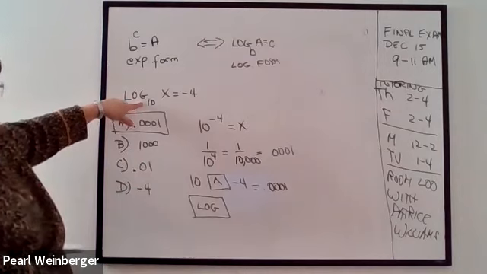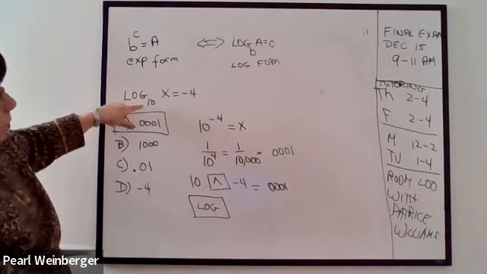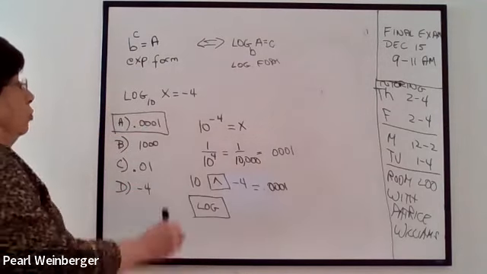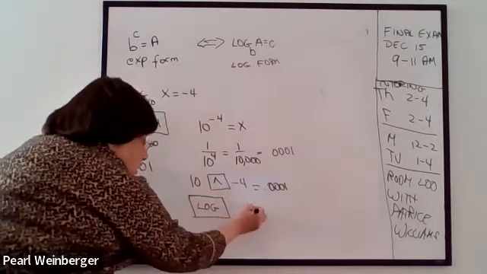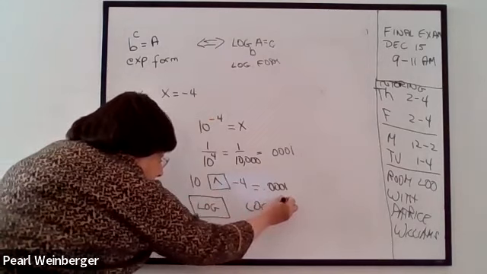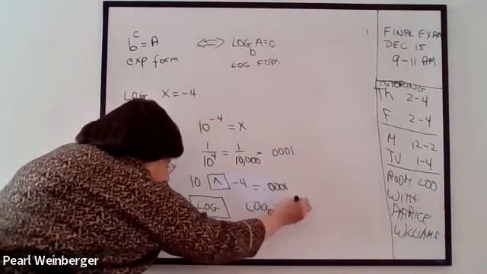Very often, when we talk about the log where the base is 10, that is called a common logarithm. Log base 10 is called the common logarithm.